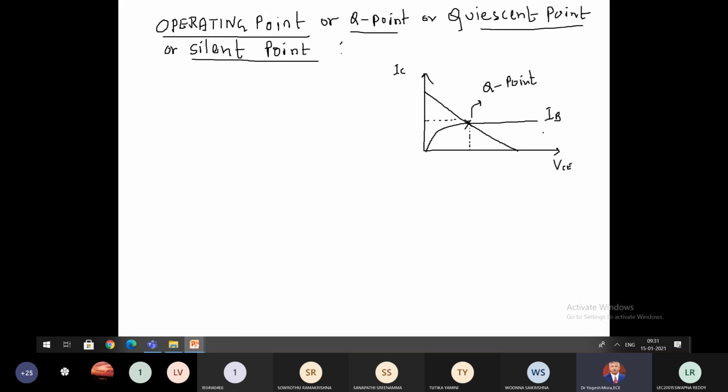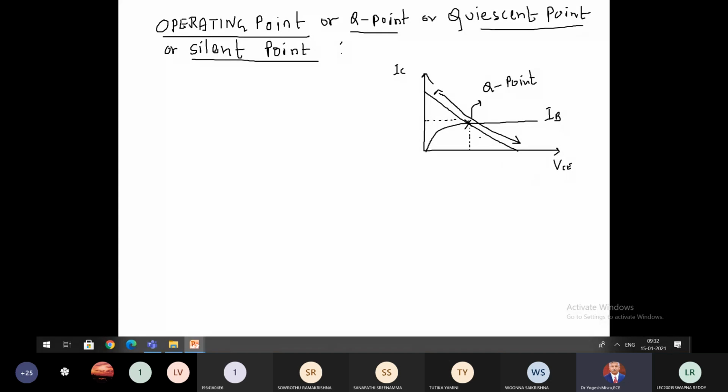So now what will happen? This is called the operating point because this point may shift, may move only along this DC load line. It will not move at any other place, right?